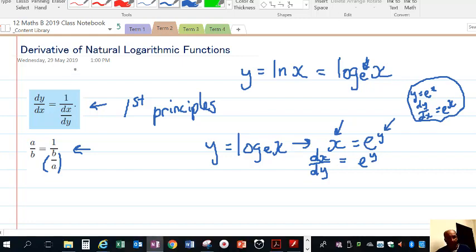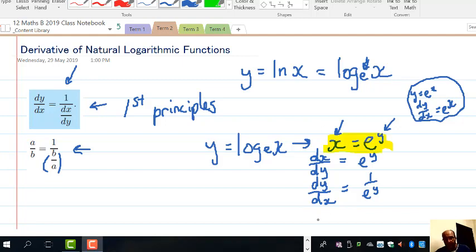From the theorem here, in the maths we're doing, we state that as an obvious result. It is a theorem which we don't need to prove in the subject we're scheduling this video towards. So inverting or finding the reciprocal of both sides, we would have dy/dx now equals 1 over e to the y.